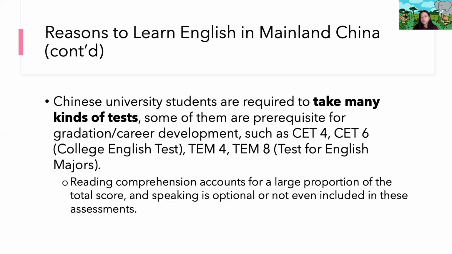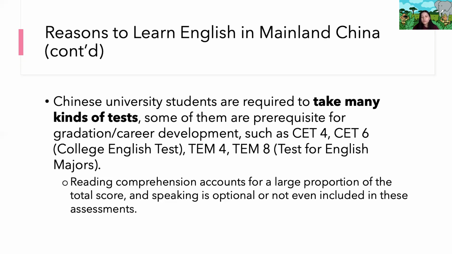And in many universities, CET4 and TEM4 are prerequisites for non-English majors and English major students respectively to obtain their bachelor's degree. That is to say, if you fail to pass these two exams throughout the 4 years of university studies, some universities will refuse to offer you your diploma.